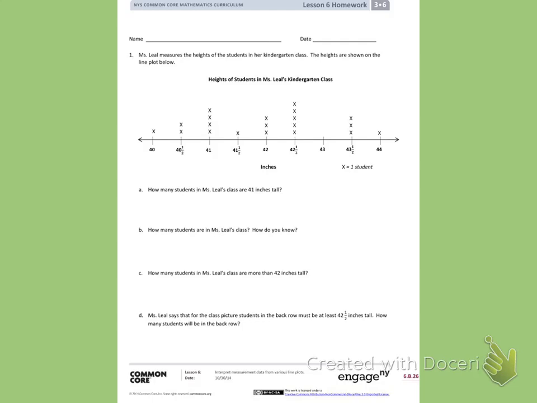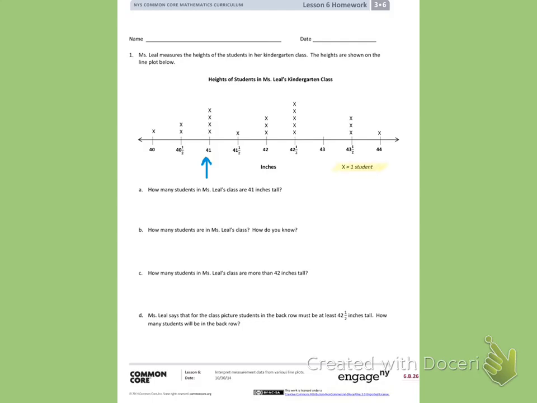In order to determine the answer, you have to look at the line plot. Notice that here is where you can see 41 inches tall. But before you can start counting the X's that are shown to determine the number of students that are 41 inches tall, you first have to determine how many students are represented by each X. So let's look over here.